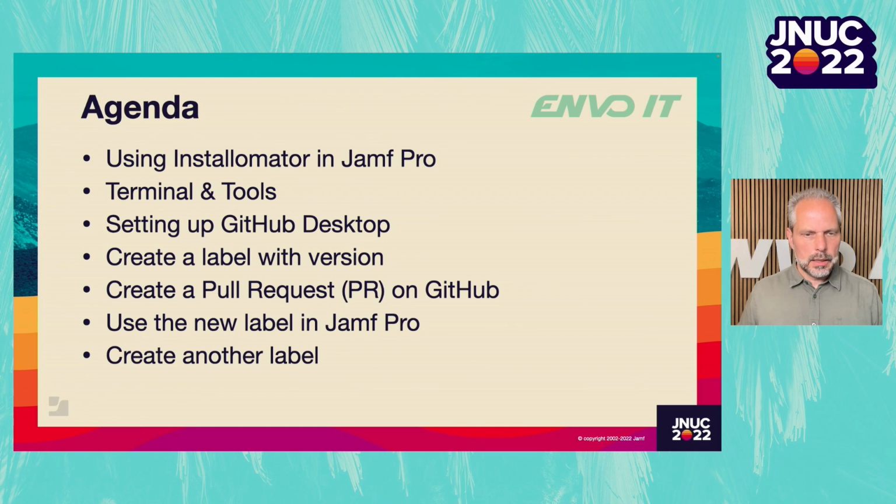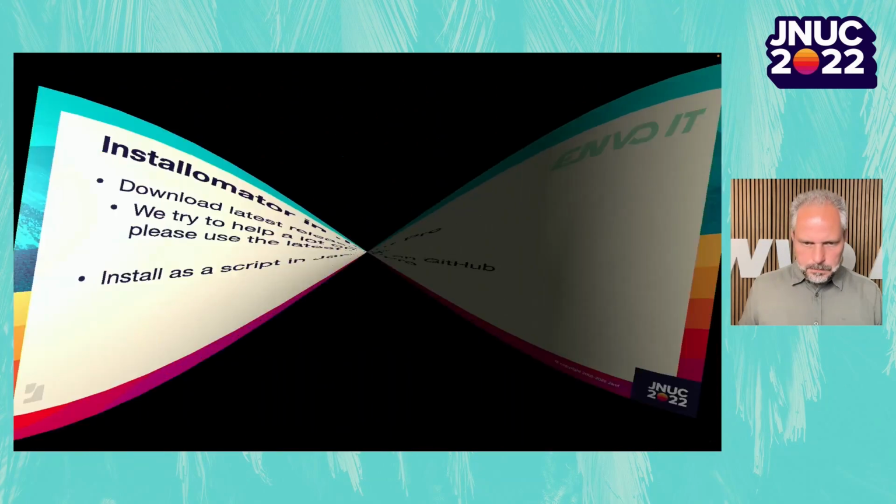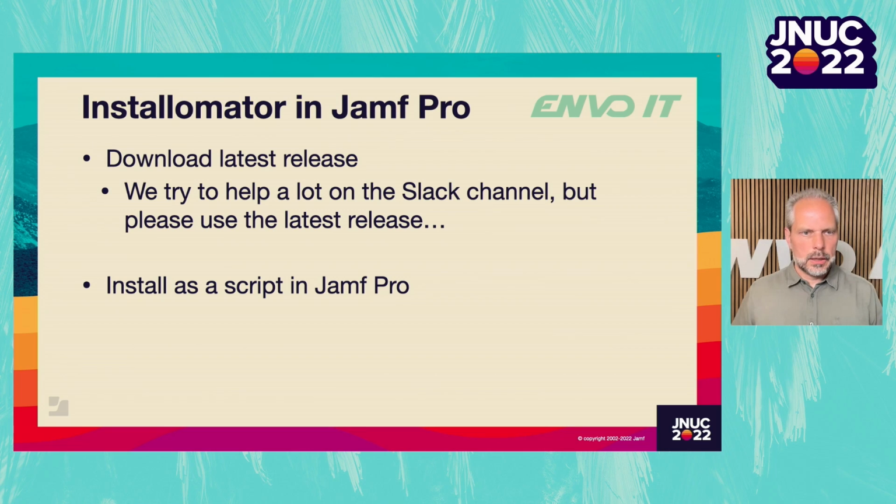We will create a label and include a version number in it because we are very eager and very much interested in making sure all the labels have version checking in them. And then we will make a pull request in order for this addition of a label to be included in a future Installomator release. And we will use the new label in Jamf Pro as well in different ways. And then we will actually end up creating another label.